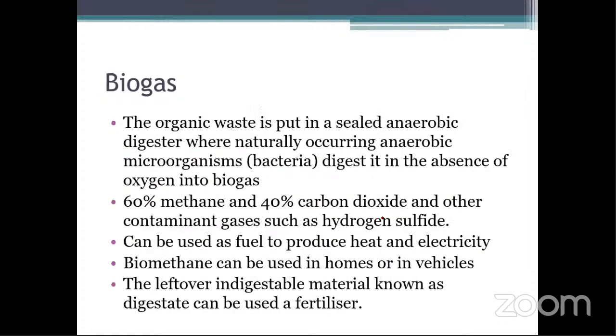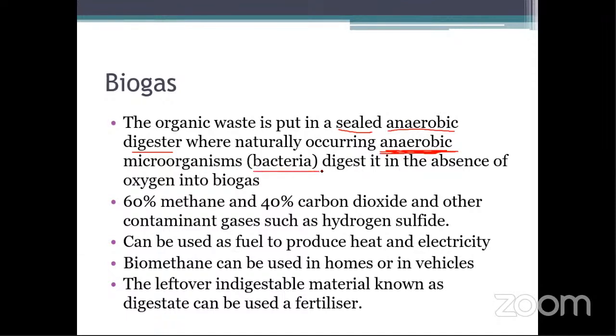So what you do is you take the organic waste and you put it in a sealed anaerobic digester. It's just a container that is sealed, free from air. And if you see this word anaerobic, that means without oxygen.